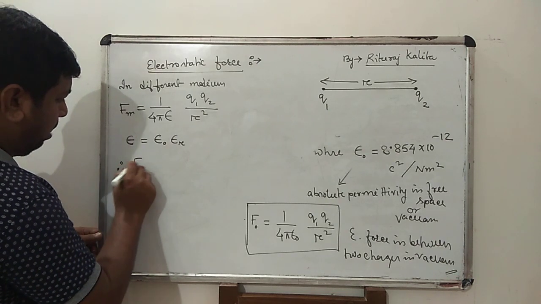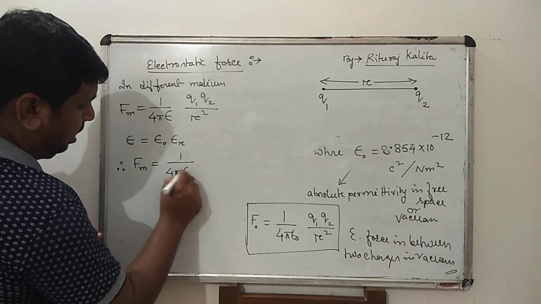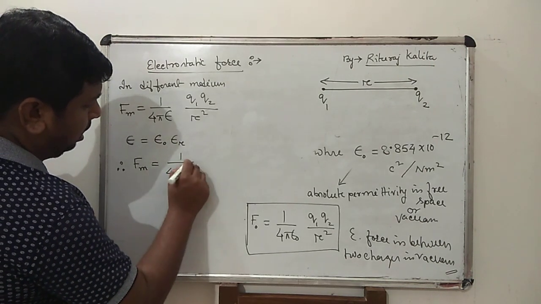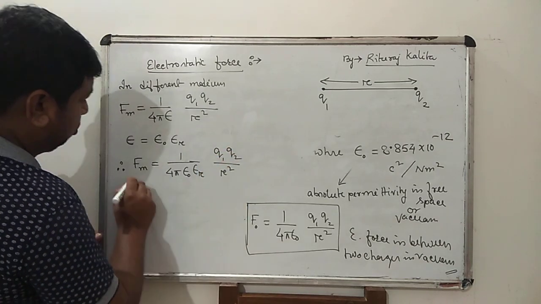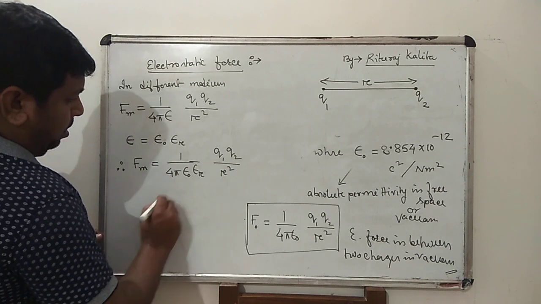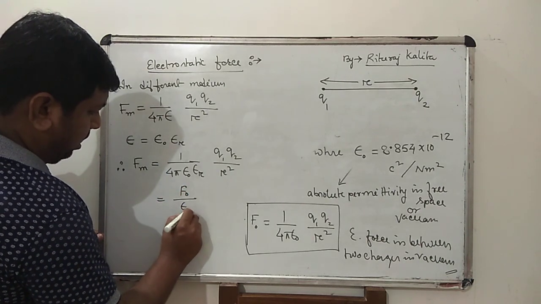Therefore, Fm equal to 1 by 4 pi epsilon naught epsilon r Q1 Q2 divided by r square, equal to F naught divided by epsilon r.